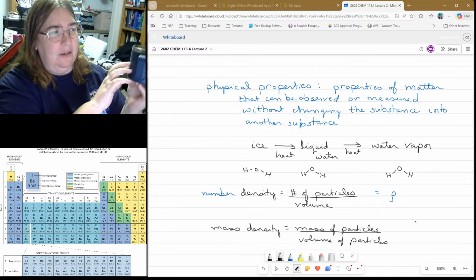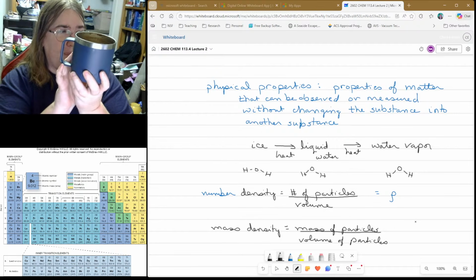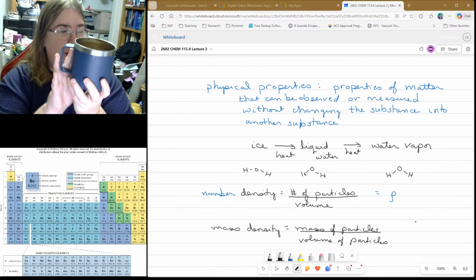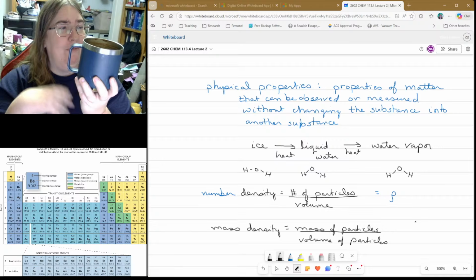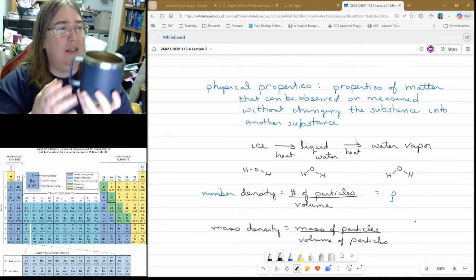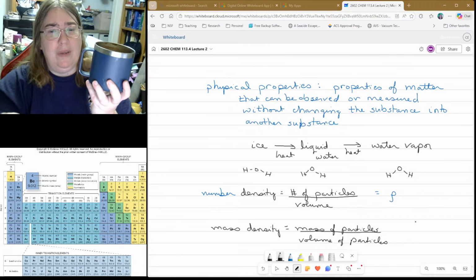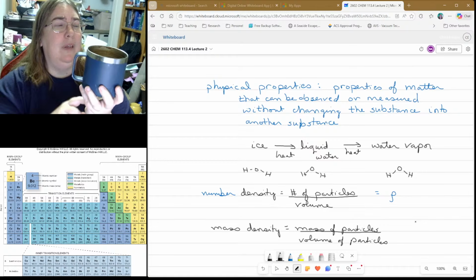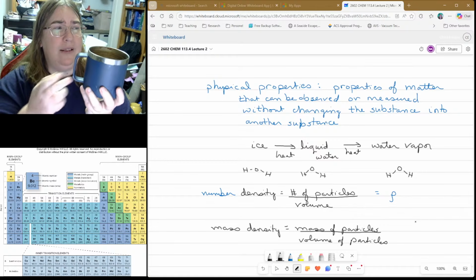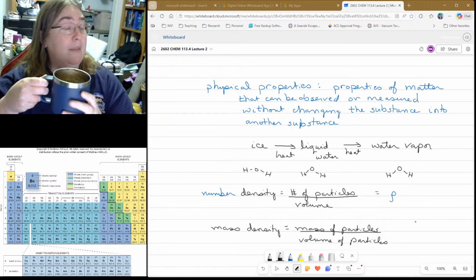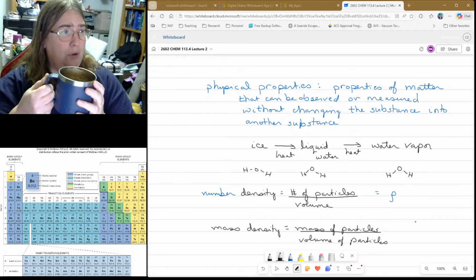Another good example of that is my nice stainless steel coffee cup here, or teacup. This steel teacup that I'm holding is made of a particular alloy of steel. Steel is mostly iron, but it also has carbon if it's stainless steel, and I think this one is. It has carbon, it has a little bit of chromium, it has a little bit of nickel. The chromium is what makes it stainless. So it's a mixture. It's not pure iron.